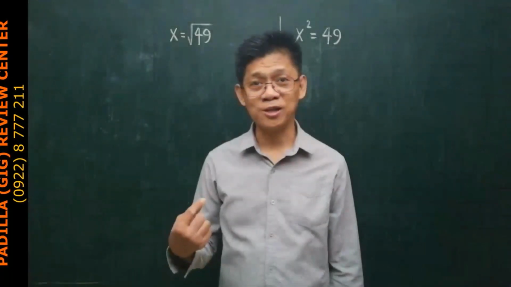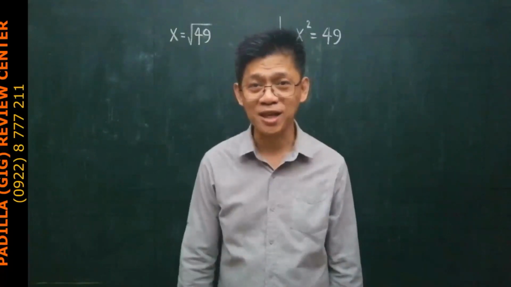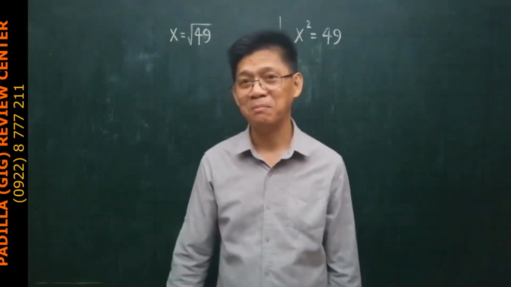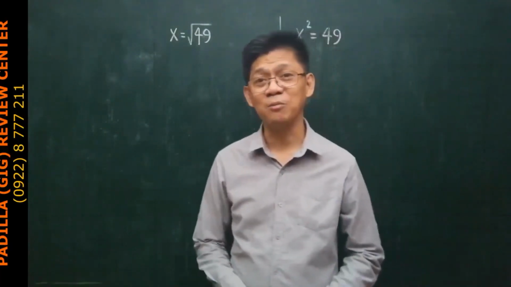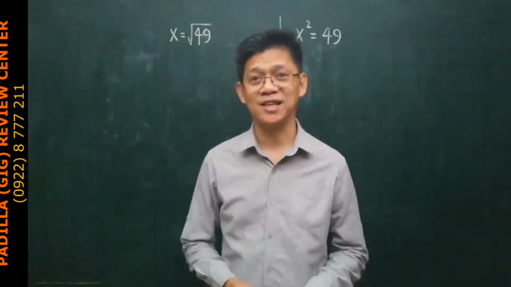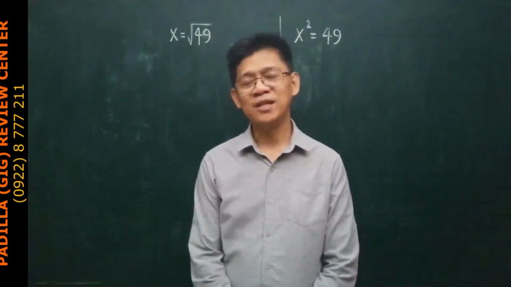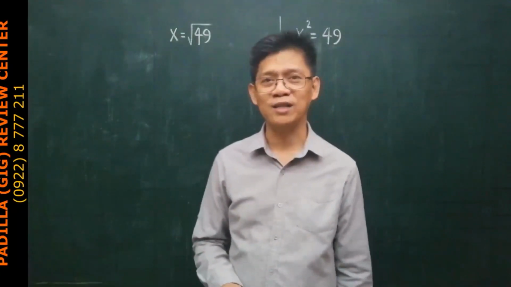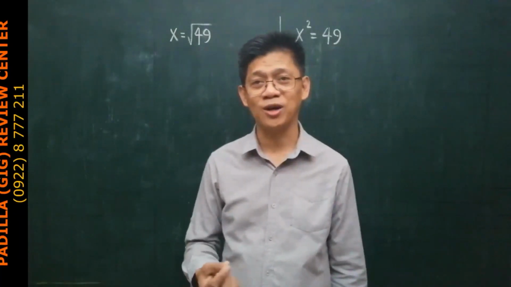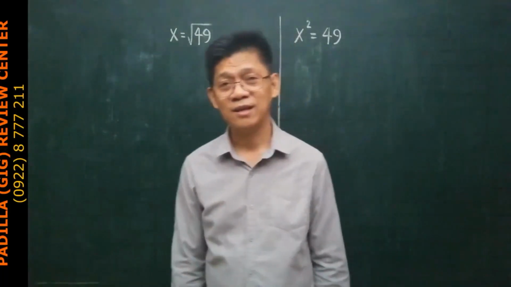These two problems are simple problems but annoying, and you can fail if you make a mistake in one problem. Now, both of them appeared in the electrical engineering board exam but they are worth discussing. Because it might be repeated in your board exam, right? So, here, in the 1992 board exam, we're asked to find what is x in the equation x equals square root of 49.